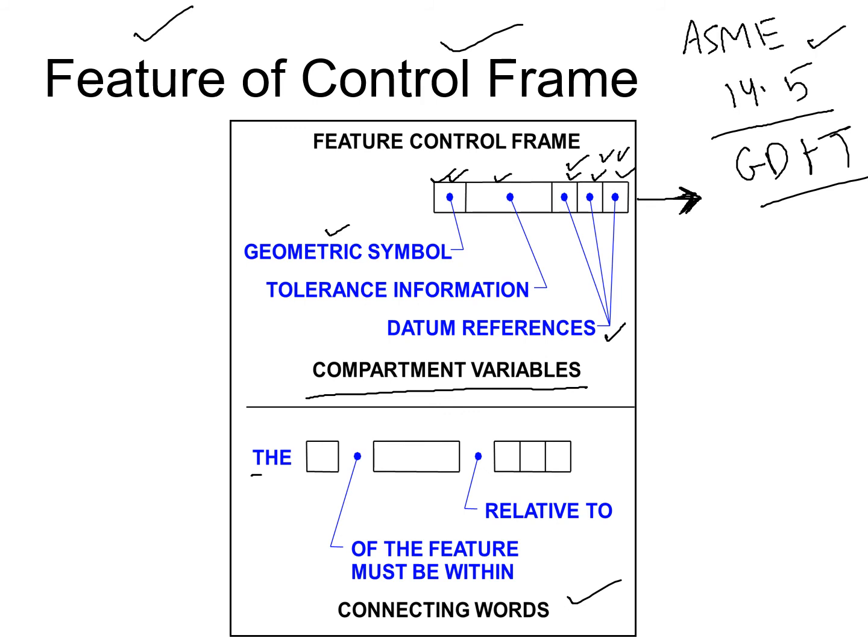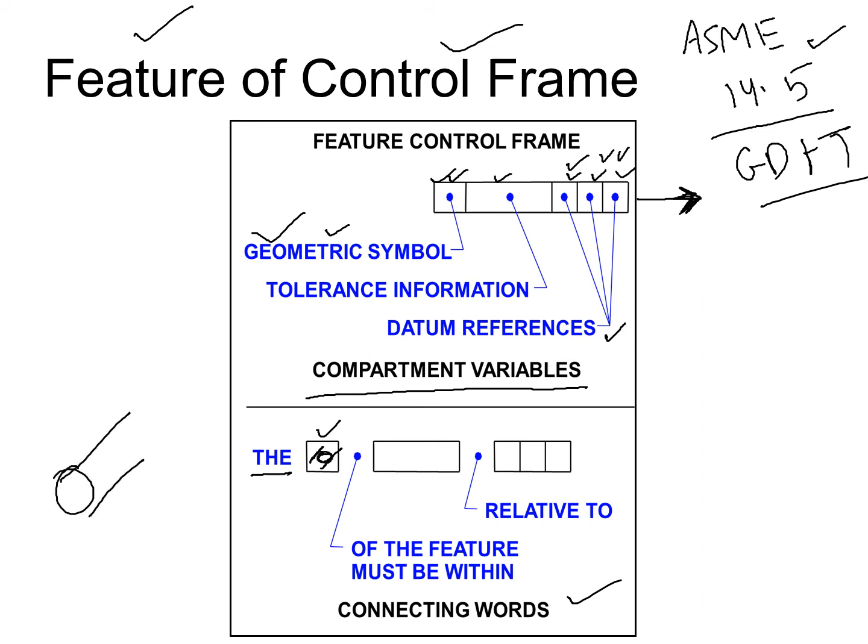For example, we can place a geometric symbol right here, and let's say I talk about the straightness, or let's say the cylindricity of a certain cylinder.